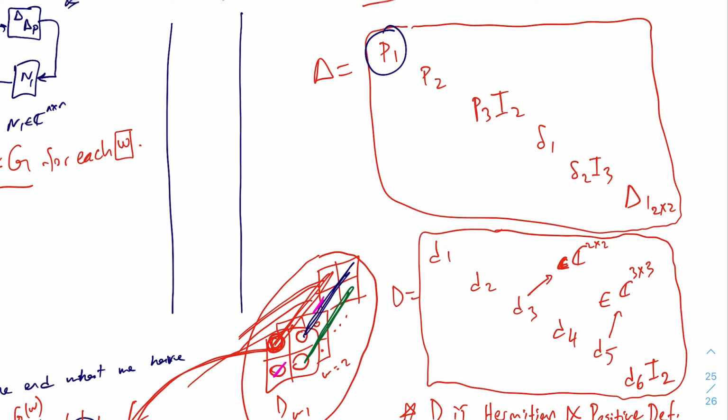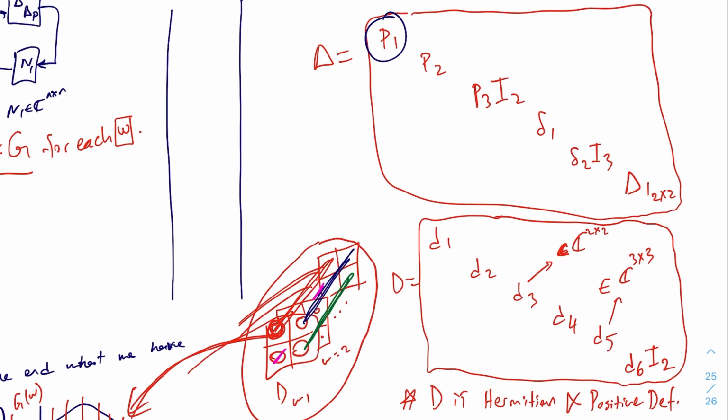Now I'm looking at this. For this P1 we have D1, and for this P2 we have D2. Due to dimensional reasons, this is 1 by 1, and D1 is 1 by 1.